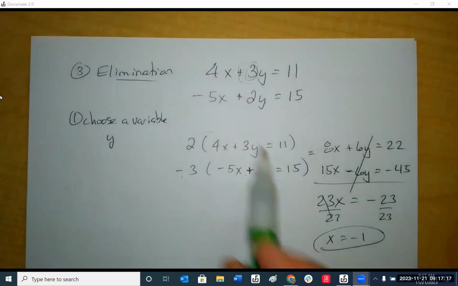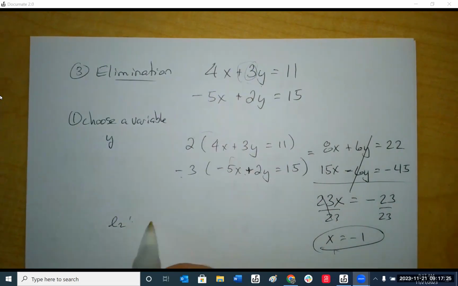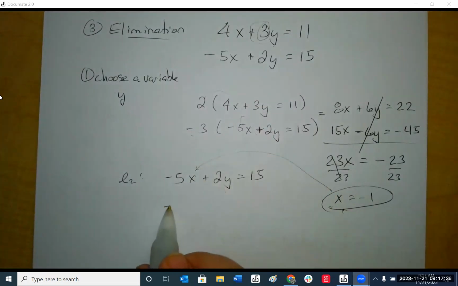Since I know what x is, and I used both equations to get where I am here, I could choose either one of the equations. It doesn't matter. So let's use line 2. -5x plus 2y equals 15. We know what x is. We have to solve for y now. So anywhere I see an x, I put a -1.